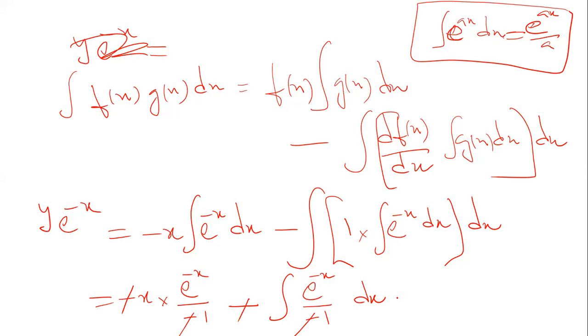Now if you integrate this again, here you have the first term x e to the power minus x. Integration of minus x will be minus of e to the power minus x plus, let's say, a certain integration constant.